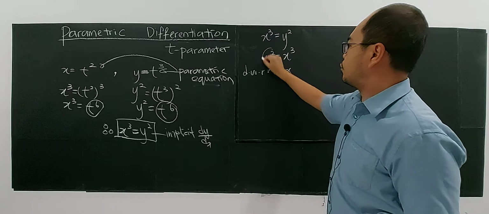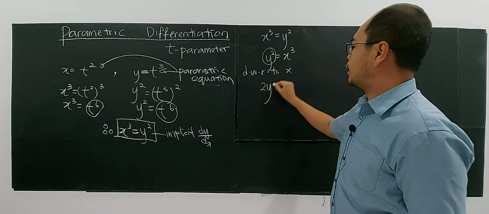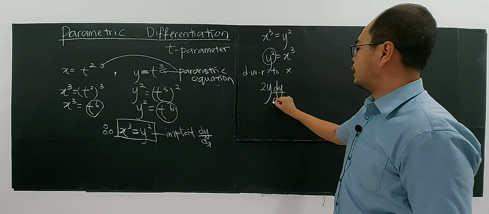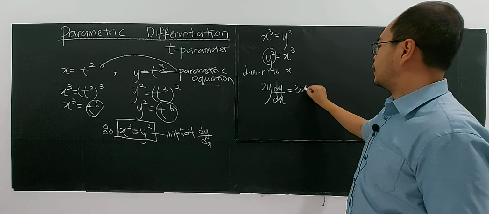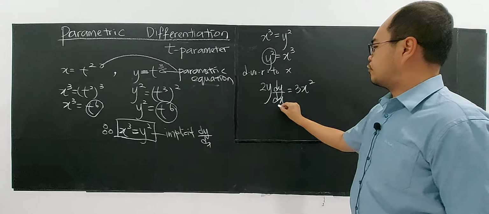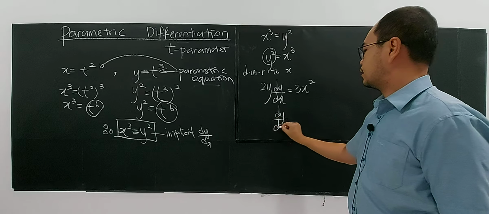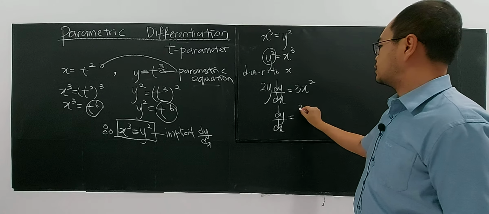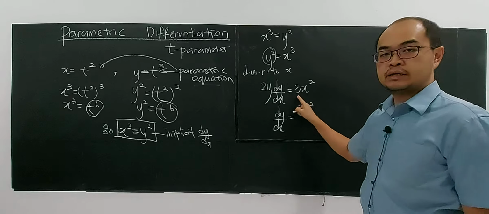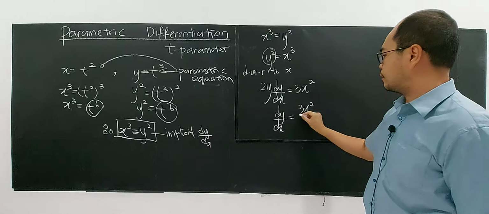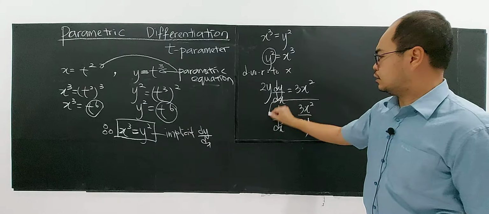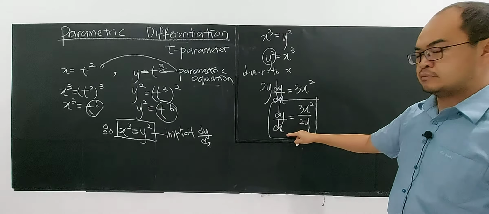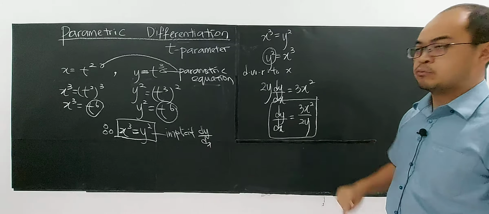Differentiating y squared, I have 2y dy/dx. Differentiating x cubed, I have 3x to the power of 2. Therefore dy/dx is 3x squared divided by 2y. So this is dy/dx in terms of x and y.